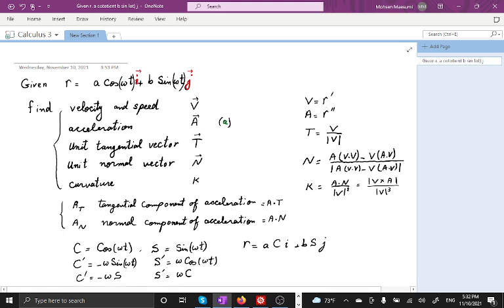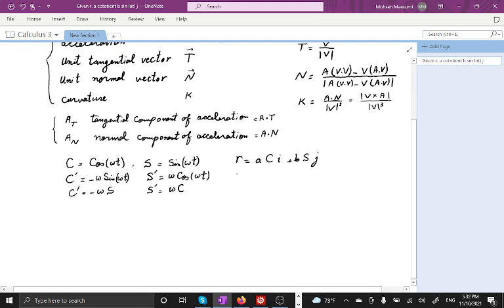Now, first item, what is velocity? Well, that's going to be easy. Velocity, I just have to take a derivative of this. So velocity is R prime, so that's going to be A C prime i plus B S prime j.